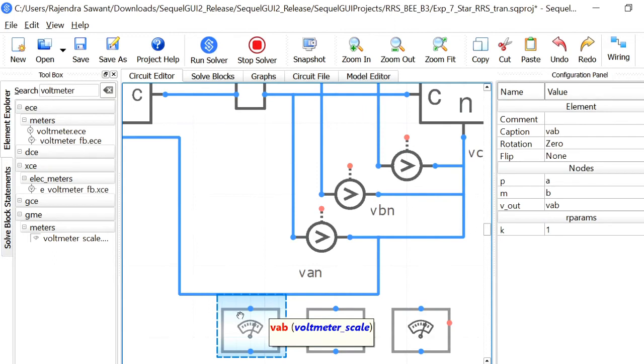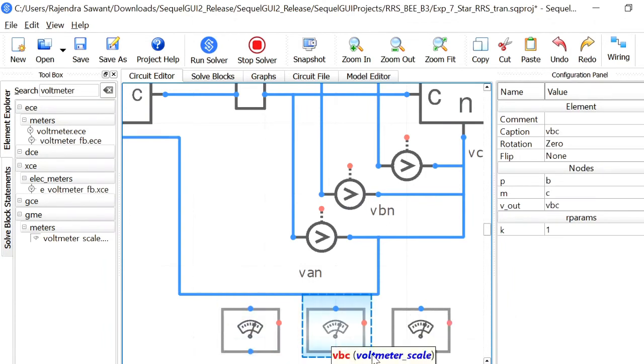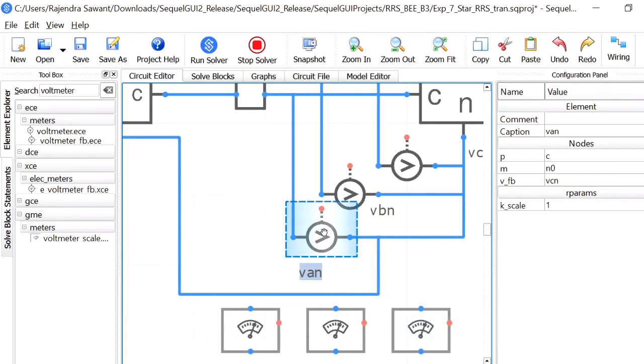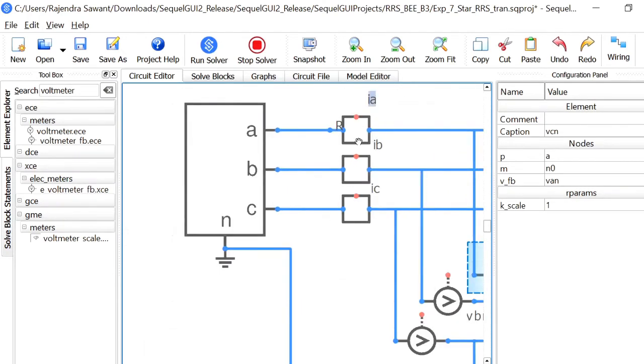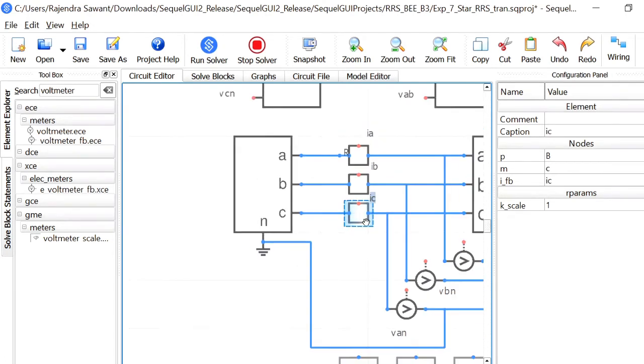We are calling this general node of the first voltmeter VAB as the line voltage, VBC as another line voltage, and VCA as another line voltage. Similarly here it is VCN, VBN and VAN as the phase voltage system. Then this current is IA, which is also designated as IA here, IB here and IC here.